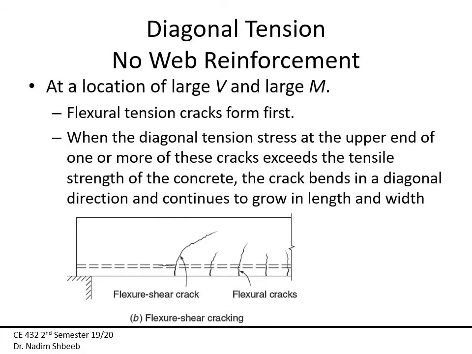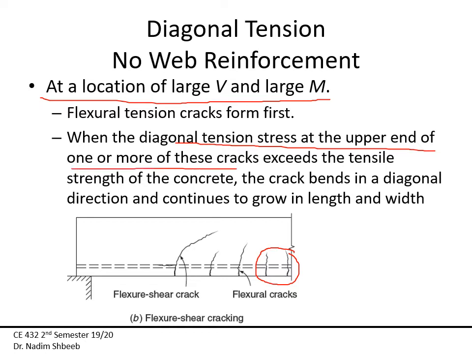So what happens at a location where I have large V and large M? Flexural cracks are going to develop first. Now, when the diagonal tension stress, which is what I showed you in the slides before, at the upper end of one or more of these cracks, which is this crack over here, so there's still some flexural cracking going on over here, exceeds the tensile strength of concrete, the crack will bend in a diagonal direction, which is the alpha that I talked about.